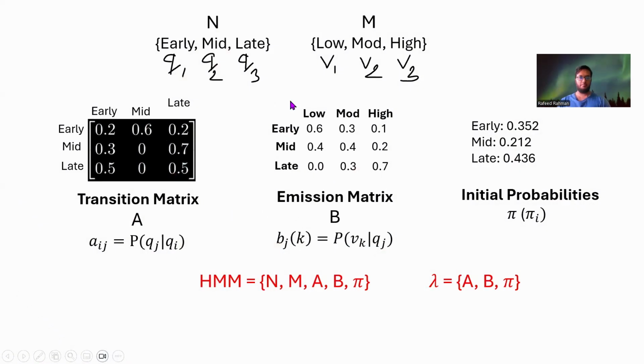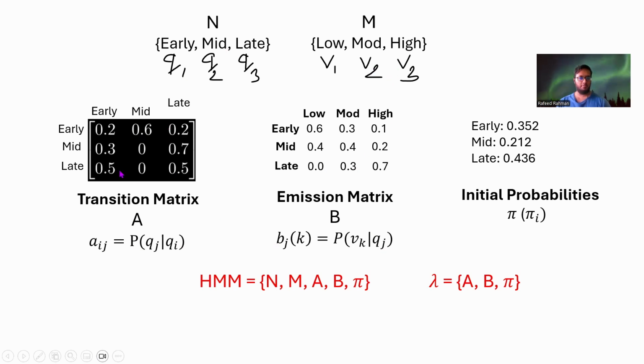First of all, this example we saw in the previous part of this series, and I've given the link in the description as well, so you can check that out if you are new to this video series. We have three different types of states, Q1, Q2, Q3. These are different stages of cancer: early, mid, and late stage. And these are the observations. We can see a low, moderate, or high tumor burden in the patient, and we can denote them by V1, V2, and V3.